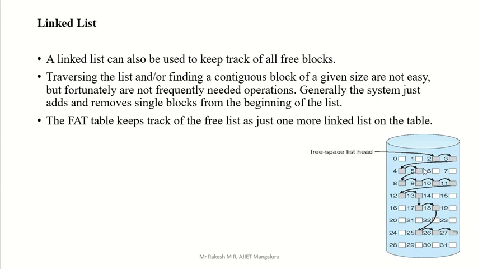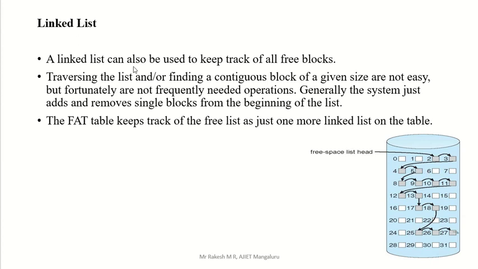Which is the next free block address? 5. That address we have to store in 4, so we link them. Then we jump there; here also we have the address of the next free block. The address of block 8 is in 5. So you have to link that. This concept is called linked list.